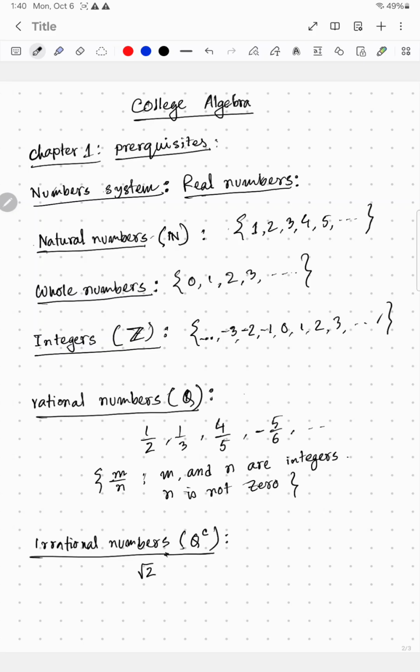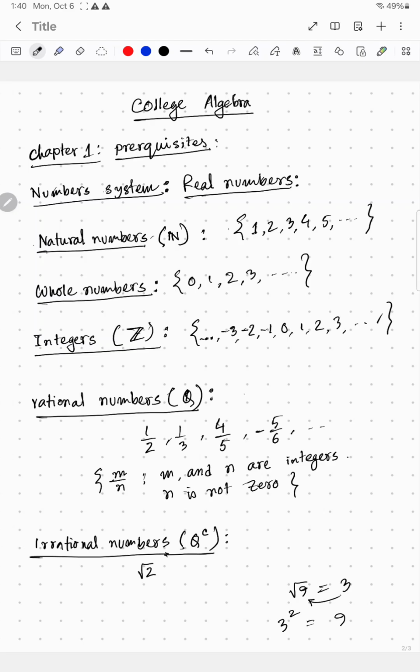The number square root of 2 basically means that when you square this number, you get 2. For example, the square root of 4 is 2, and the square root of 9 is 3. It basically says if you square 3, you get 9.